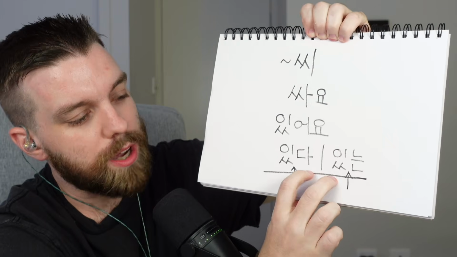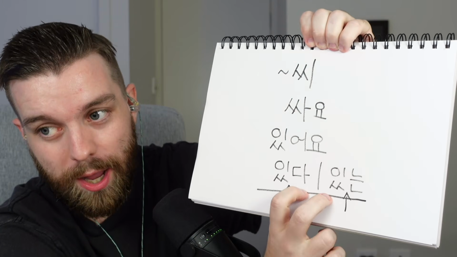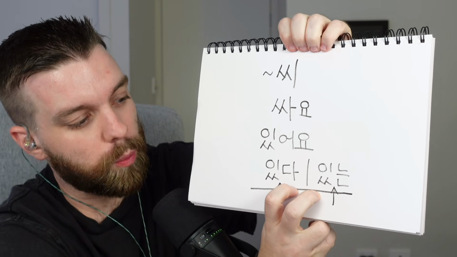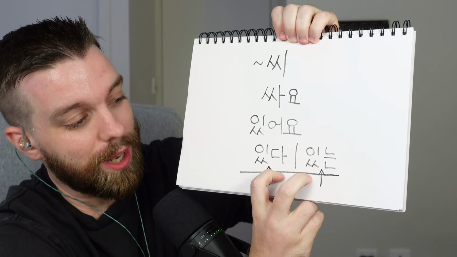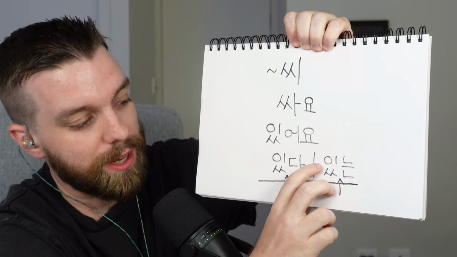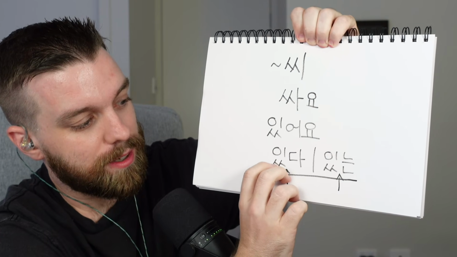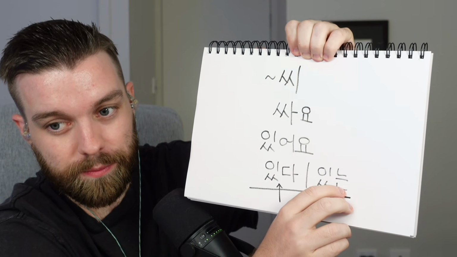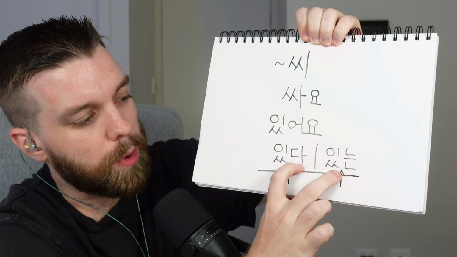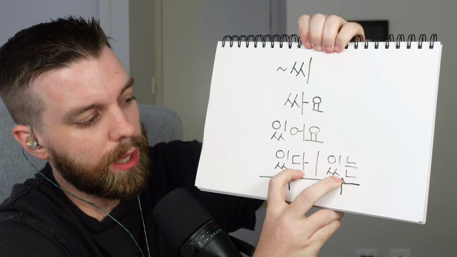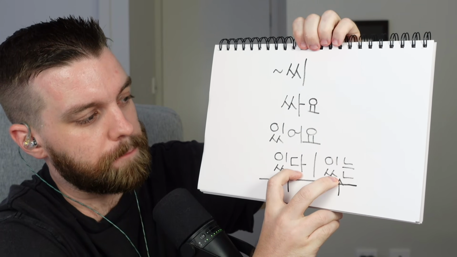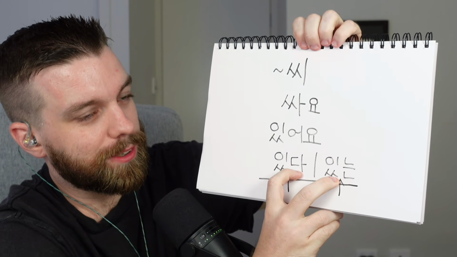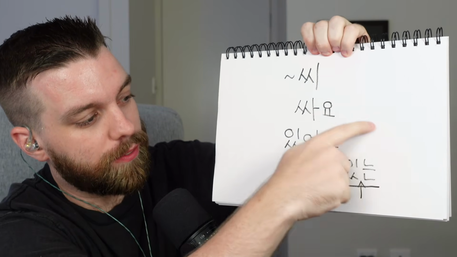These are the only times, at least that we need to know of at this point, when you will have to pronounce this differently as 있다 or 있는, right? This is written Korean mostly, but there are different forms that all mean the same thing.